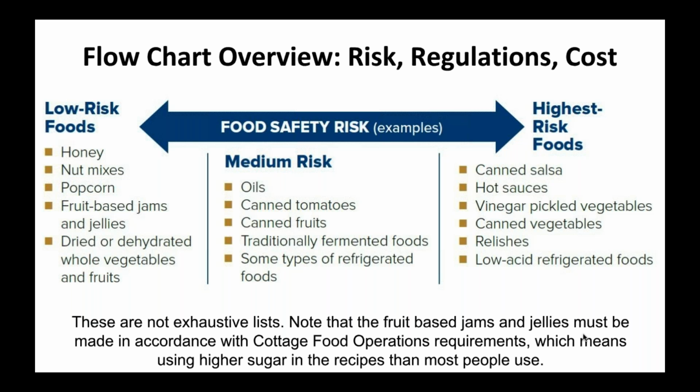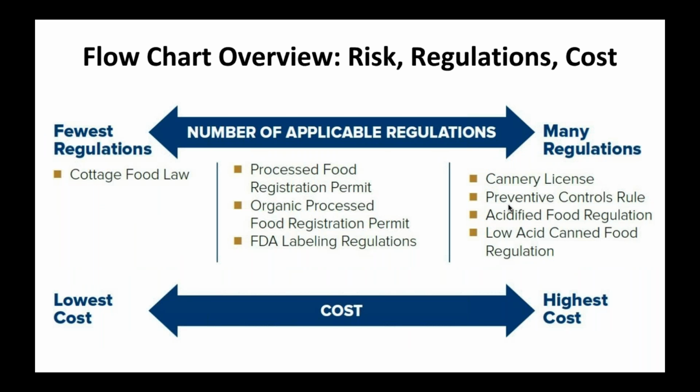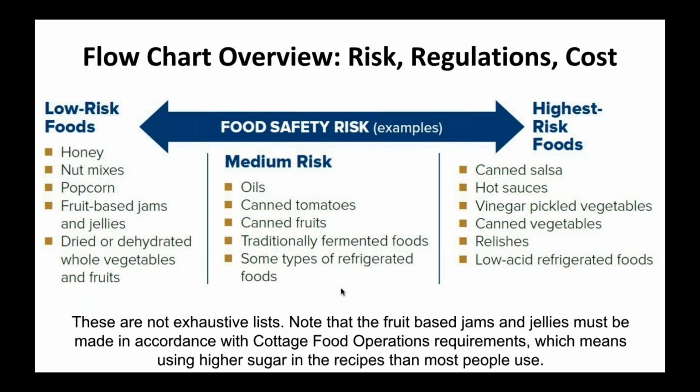There's actually a specific federal regulation, the acidified food regulation, that applies to the production of vinegar pickled vegetables, for example. And then in the state of California, you'll also have to go through the California Cannery Licensing Program that will require you to give the state information on the actual formulation of your product.